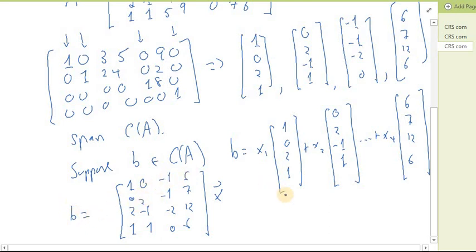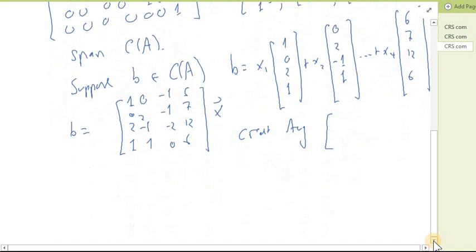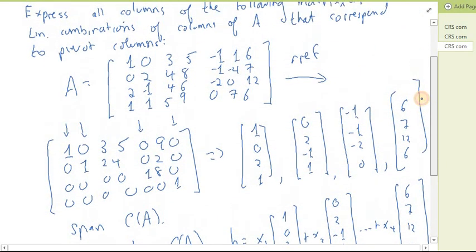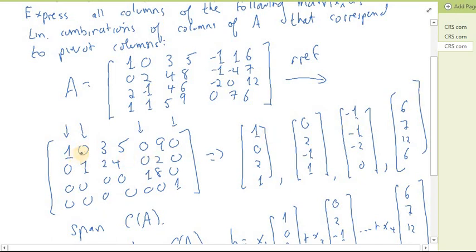So we can solve this by creating the augmented matrix. Let's call this matrix B, since we had A for our original name. You just create the augmented matrix B with b and row reduce. Now I'd like you to notice something: suppose we chose for our vector b one of the non-pivot columns of the original matrix. Column 3 is a non-pivot column of the original matrix, which is 3, 4, 4, 5.